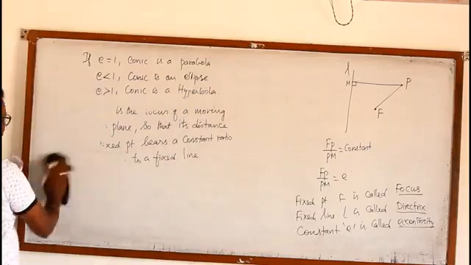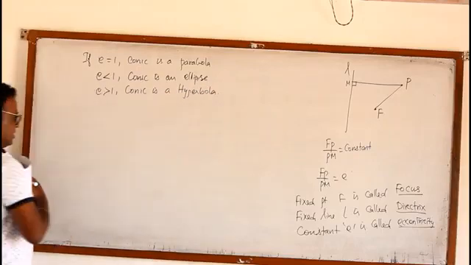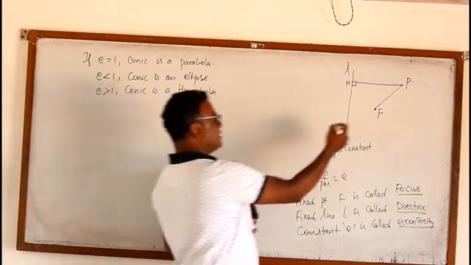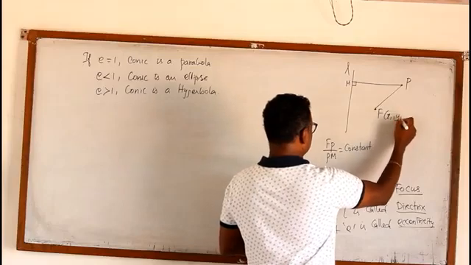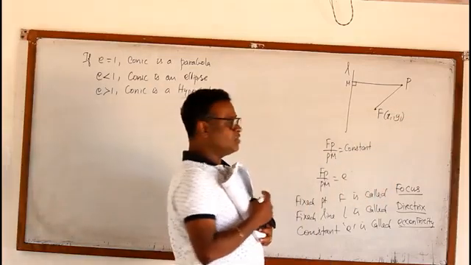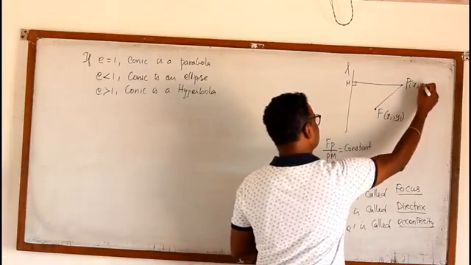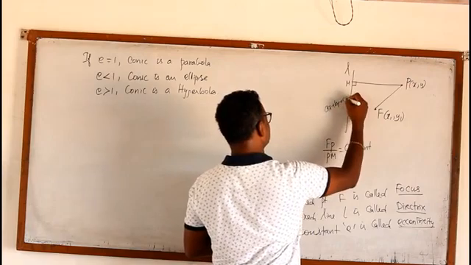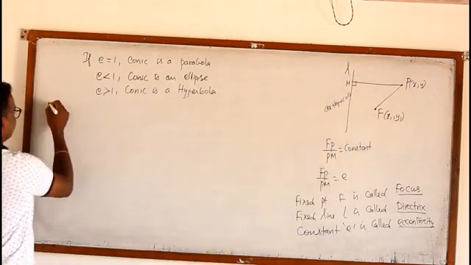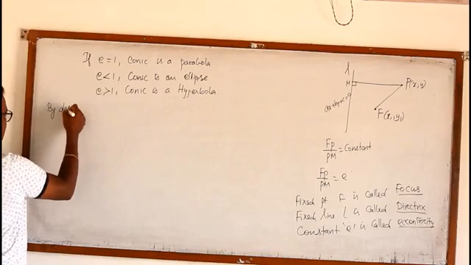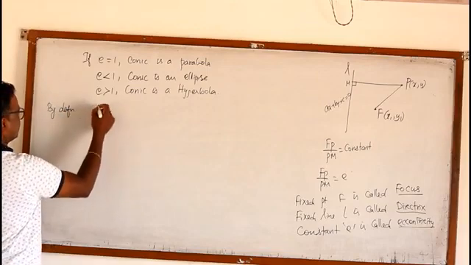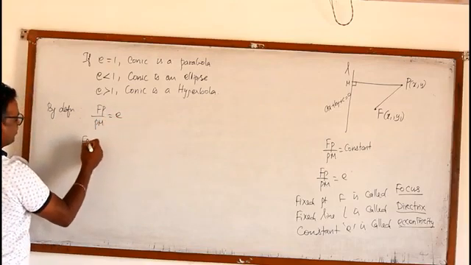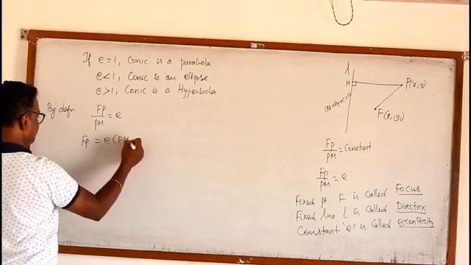Now, let me go further. Suppose I take the fixed point F as (x1, y1), the moving point as (x, y), and the line as ax plus by plus c equal to 0. By the definition of a conic, FP by PM equals e, so FP equals e into PM.